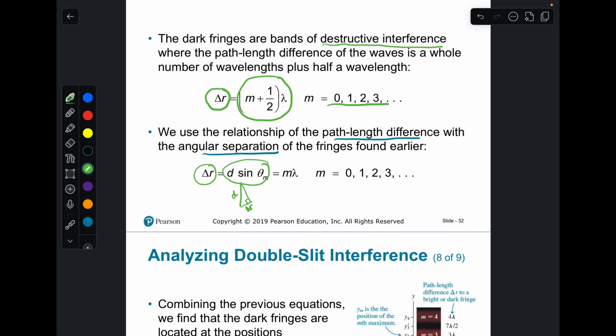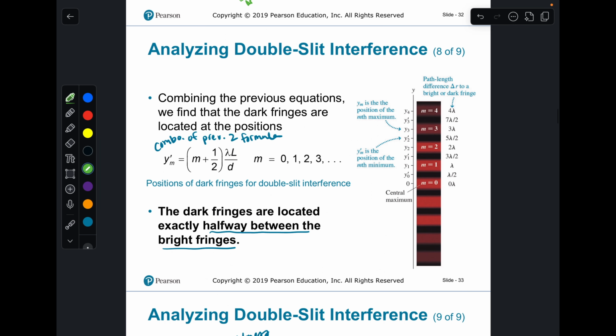Well, for destructive interference, we're no longer going to use m lambda, we're going to use (m plus 1/2) lambda. And so we make that substitution, and we also make an additional substitution that we showed before, where we used the small angle approximation and substituted theta for y over L. And you can see that the dark fringes are at a location y prime from the central max.